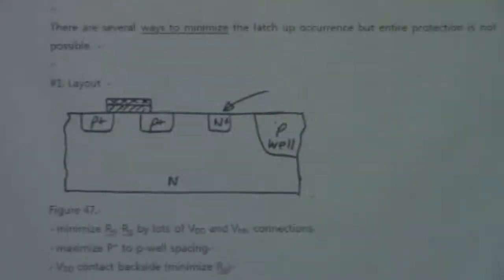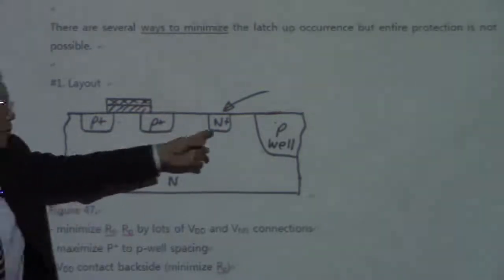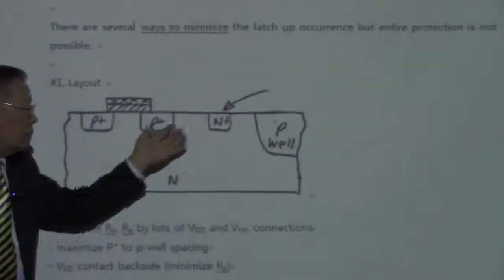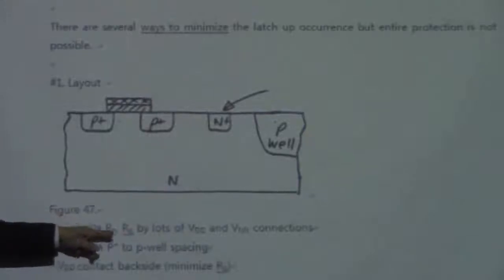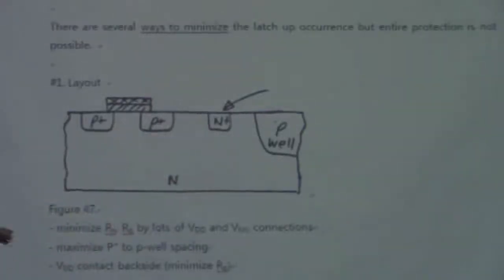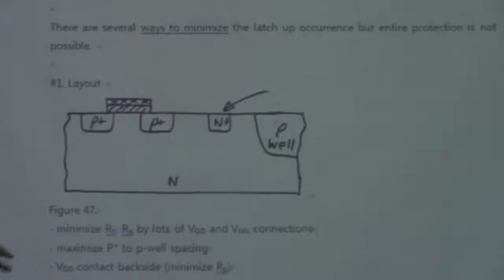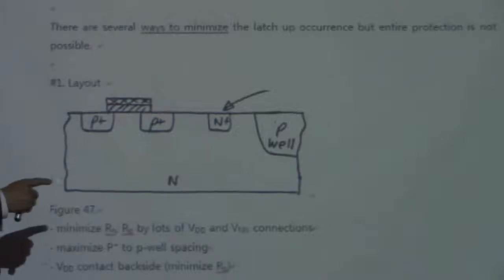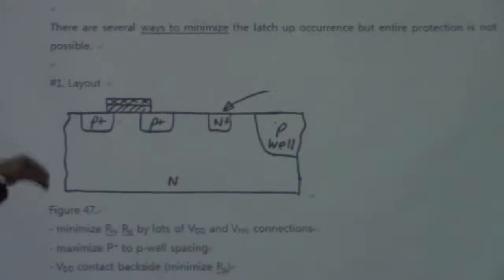So you change the layout to make a lot of low resistance regions on the way, to minimize the resistance on these two end parts, and maximize the spacing of the base in the lateral transistor so that you minimize the beta of the lateral transistors.